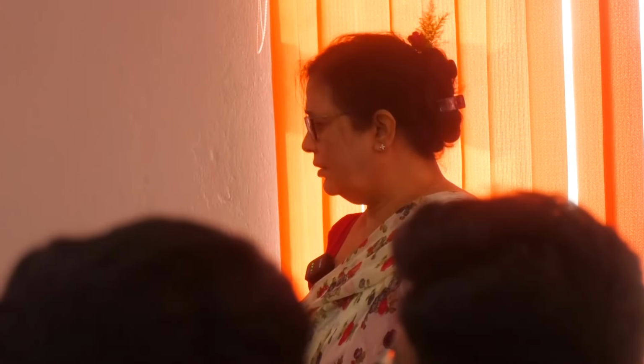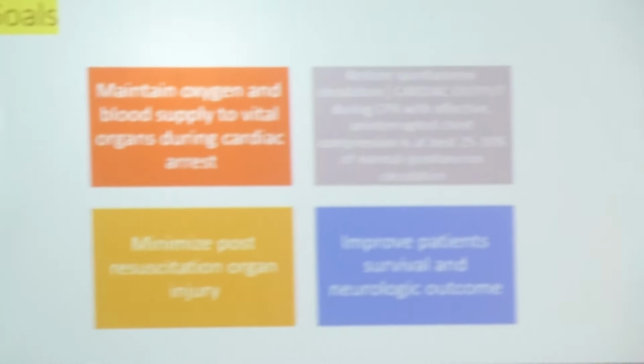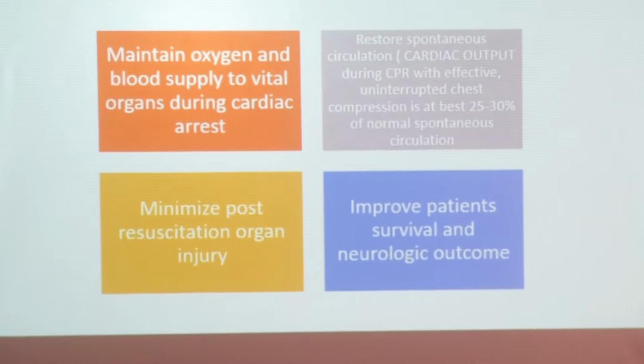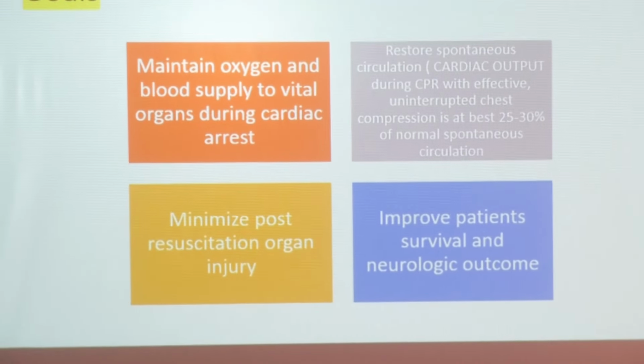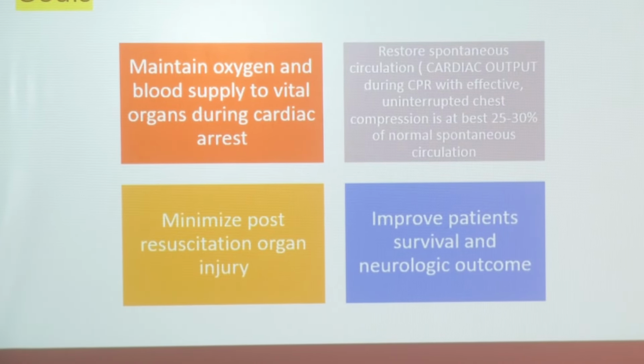So to minimize that injury, you have to give some support in your ICUs. The last one is improve patient survival and neurological outcomes, so that the patient recovers from any organ damage, particularly the brain. Okay.